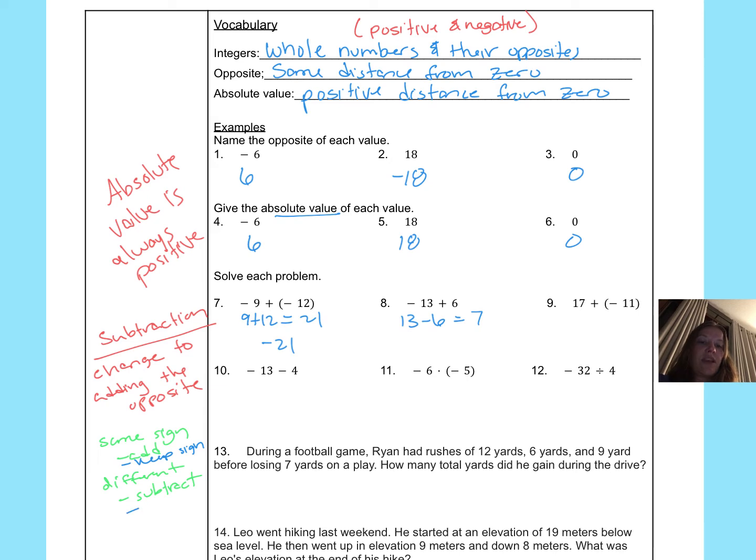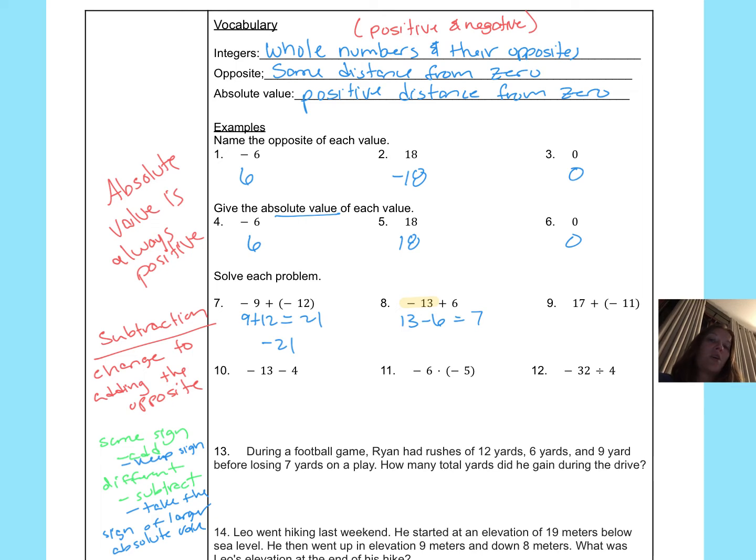If they're a different sign, we're going to take the sign of the larger absolute value. So in number 8, we know the answer is going to be something with a 7. I need to look at which one has a larger absolute value.